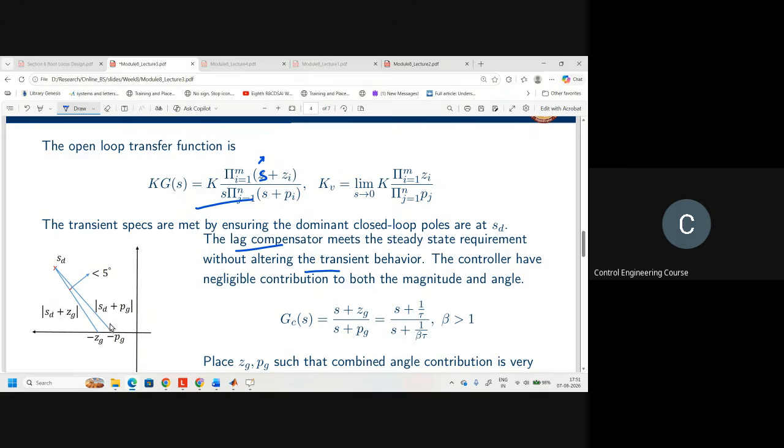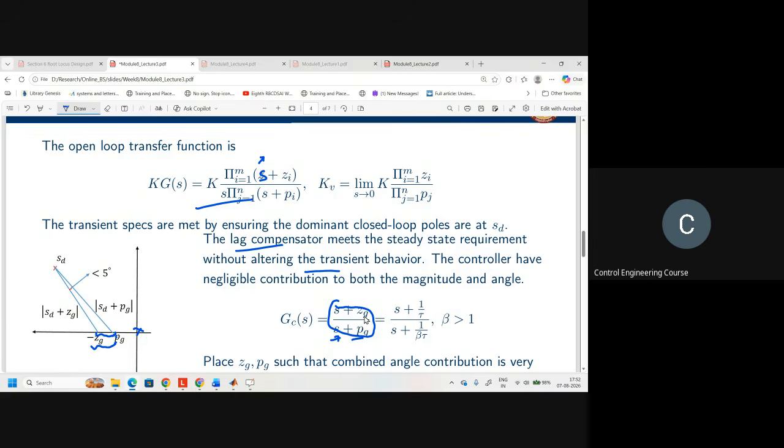In that case, what we do is we keep a pole close to the origin instead of at the origin. This pole Pc is close to the origin, and the Zc and Pc we design such that the angle contributed by this transfer function is negligible, so that whatever we have already designed, whether it's a lead compensator or proportional compensator corresponding to the desired specifications, without disturbing that configuration, we add a pole and zero so that the angle contributed is negligible.